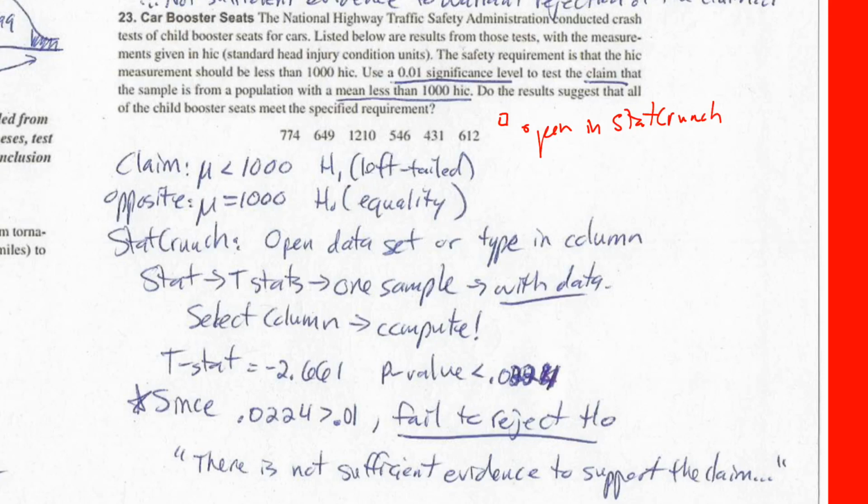If you don't click that, or if it's not available, then you would have to open a blank page in StatCrunch, and then you have to type it in. Okay. So once you type those 6 data points in the first column, then you use that basically to say, okay, I want to calculate my t-stats, one sample with data.